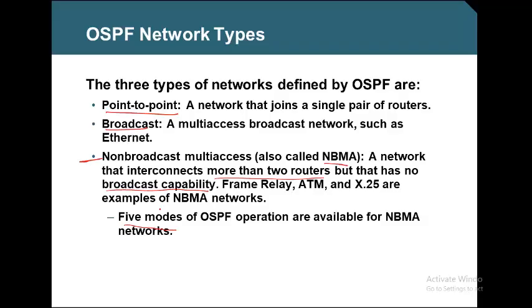Frame relay has something called DLCI, data link connection identifier, using which it communicates, a kind of unicast. So there is no multicast, no broadcast support here. It's a non-broadcast environment, and you have 5 modes.